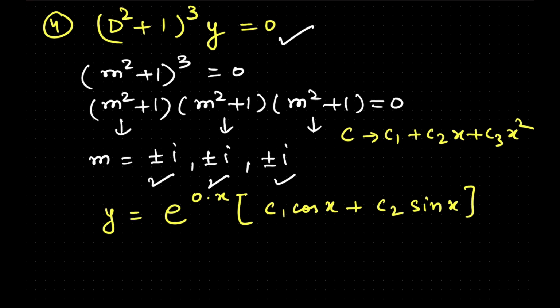Now this c in both places you have to replace with this type of expression, that is c1 plus c2 x plus c3 x square. Here also you have to replace by a similar expression. And this e to the power 0 will become equal to 1.